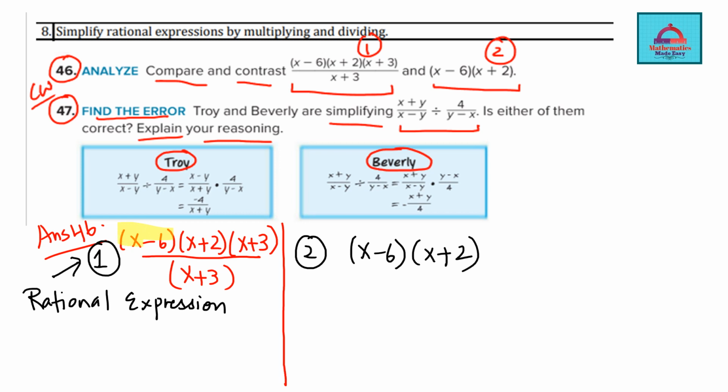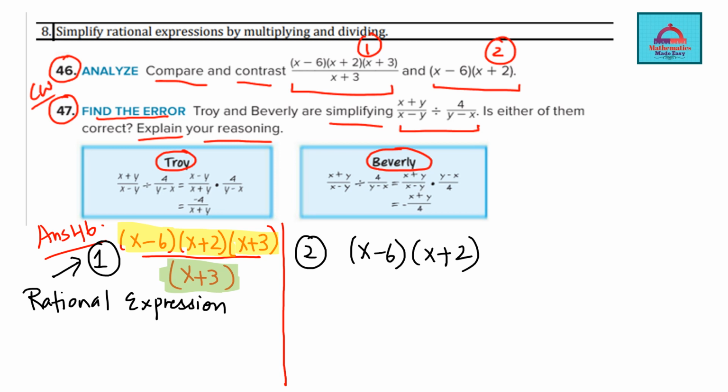So x minus 6 is a part of the numerator, multiplied with x plus 2 and x plus 3. So it has three factors. That's the numerator. Now I'll change color a little bit and show you the denominator. So this is the denominator. Okay, I hope it is clear. Now you know what the numerator is and what the denominator is. So let's now solve this question.